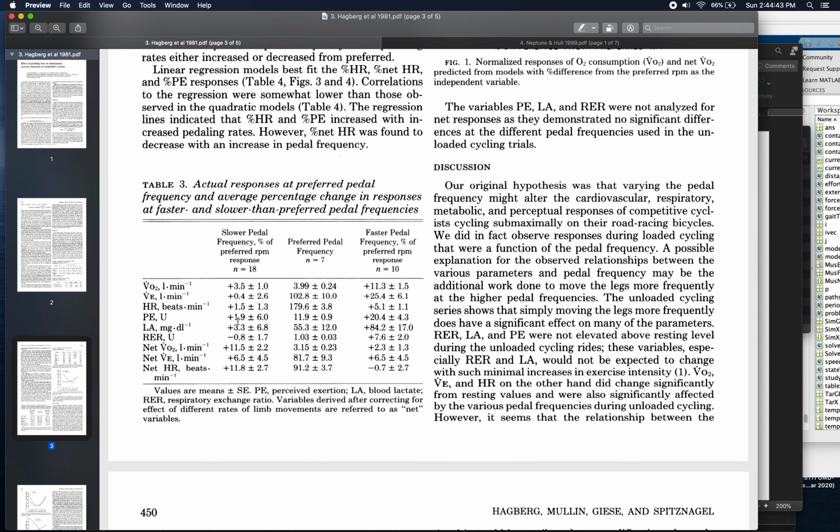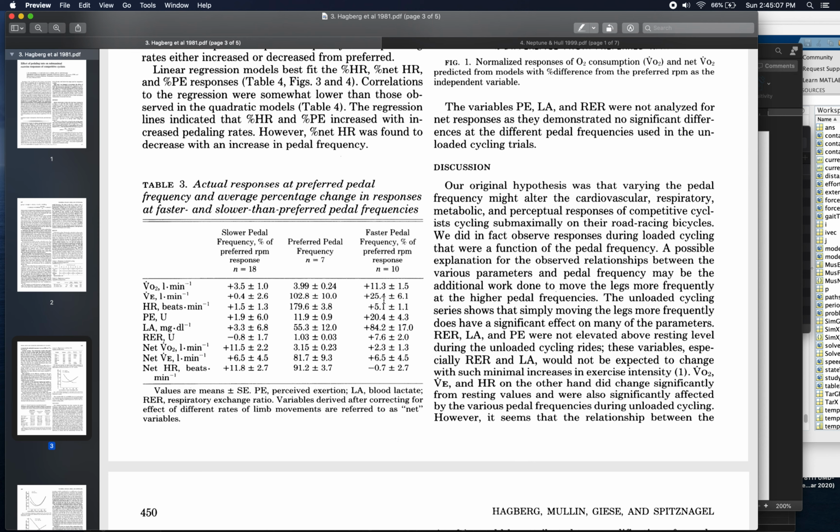Generally, you can see here that for most of these variables, certainly if you increased your pedaling frequency, if you were asked to pedal at a rate faster than your preferred pedaling rate, then all of these variables increased, and they typically increased by quite a bit. Heart rate really only went up by about 5 beats per minute, but when you're already working at 180 beats per minute, which is pretty fast, an additional 5 is quite a bit.